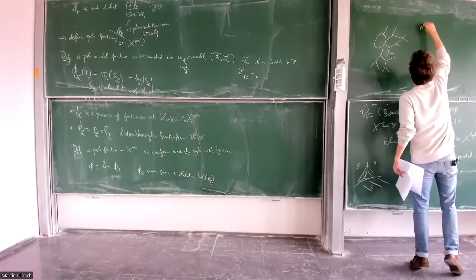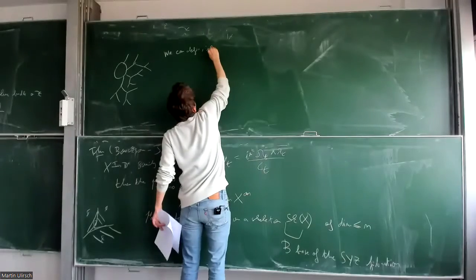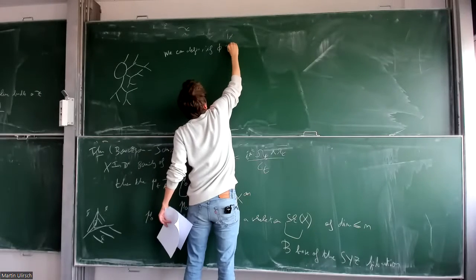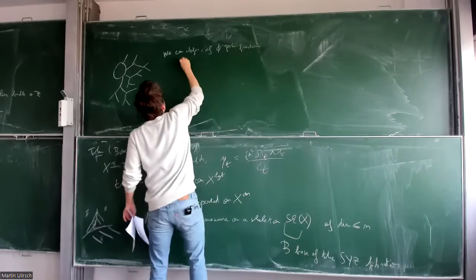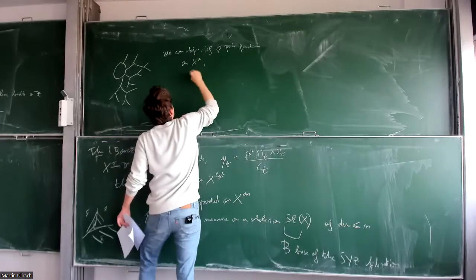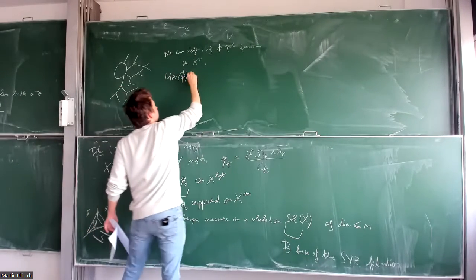So now the whole point is that if φ is a PSH function on X^an, we can define its Monge-Ampère measure, which I'm just going to write MA(φ).